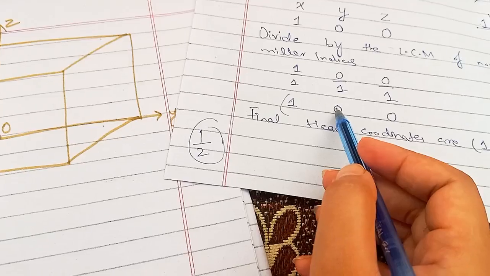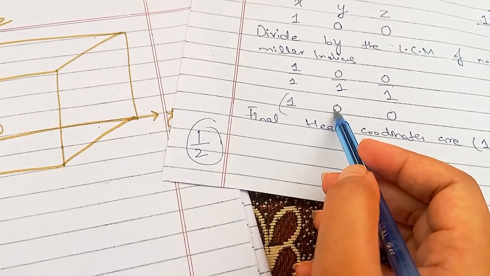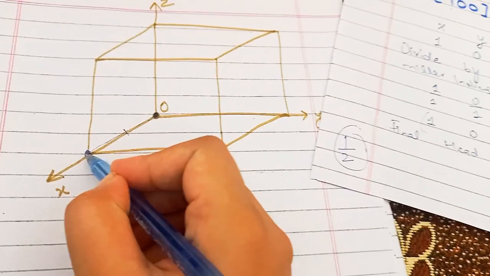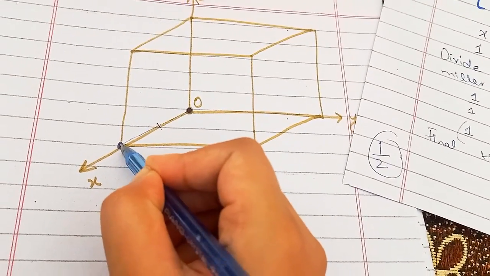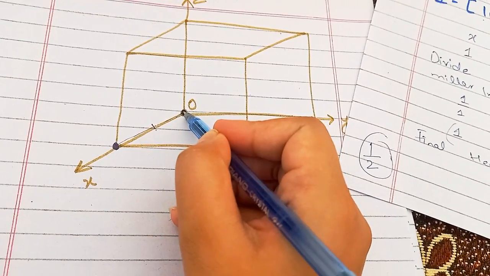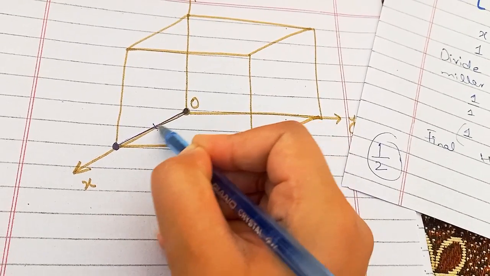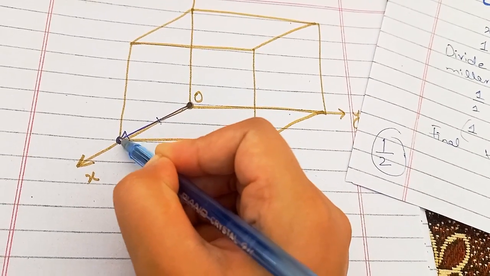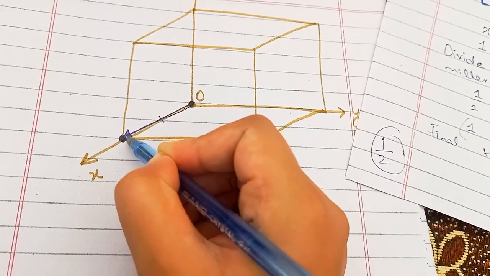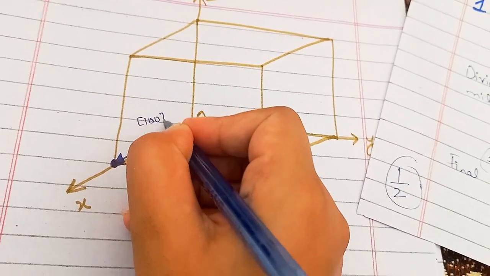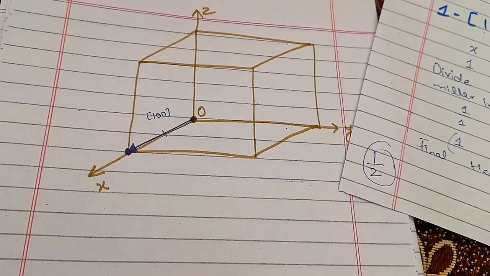After that, we can see no motion along the y direction and no motion along the z direction. 0 shows that. So this is the final head coordinate. We'll join the tail with the head and make a vector on it. This is the 100 direction.